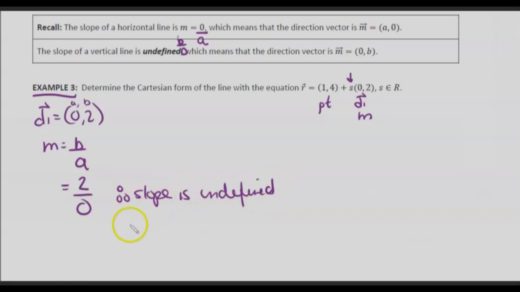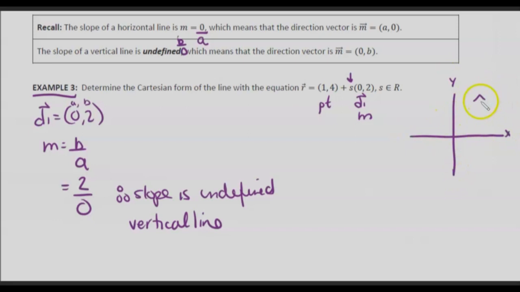And what that gives us is a vertical line. If you think about a vertical line, any vertical line, wherever it is, it's going to be parallel to the y-axis.